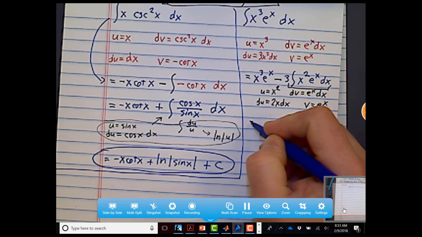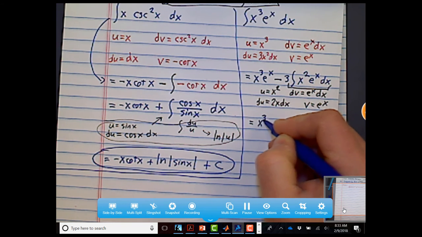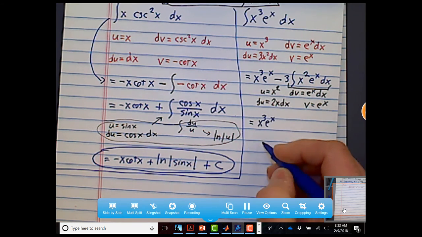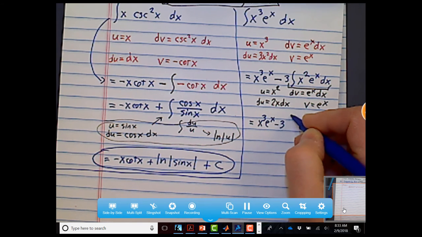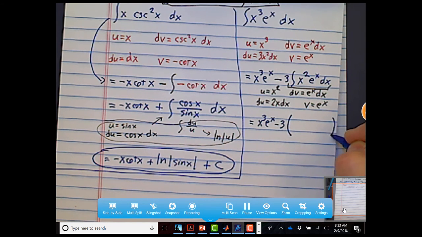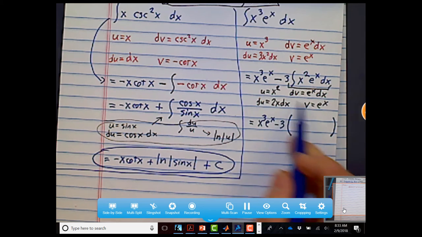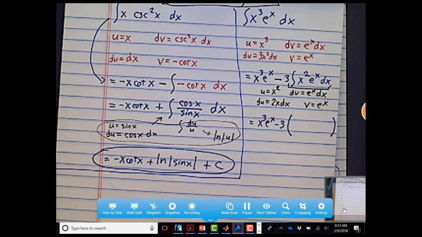So let's see where we're at. We have x cubed e to the x minus 3. And then I'm going to put a big parentheses because I'm applying the parts formula a second time, and whatever I put has to get multiplied by the 3 I pulled out, right? So let's write down what goes in there.